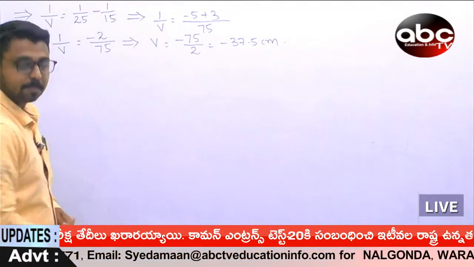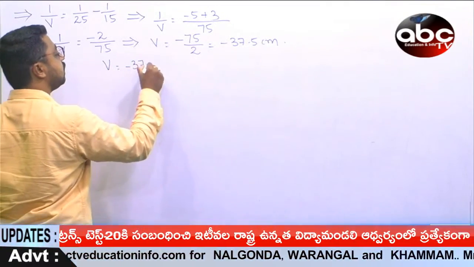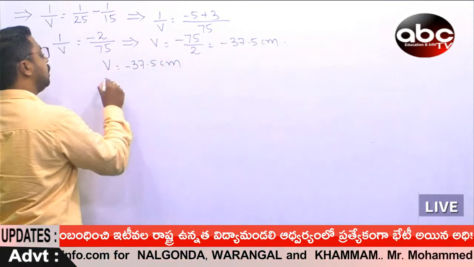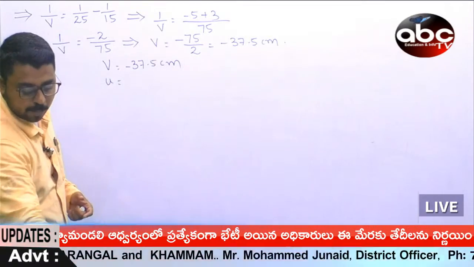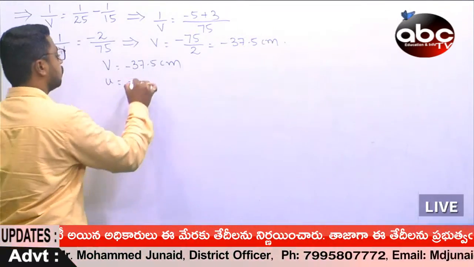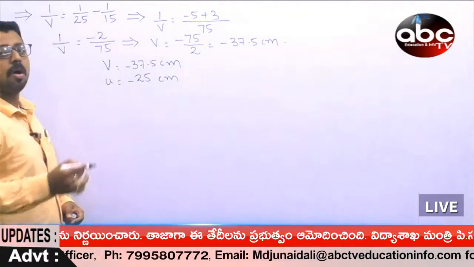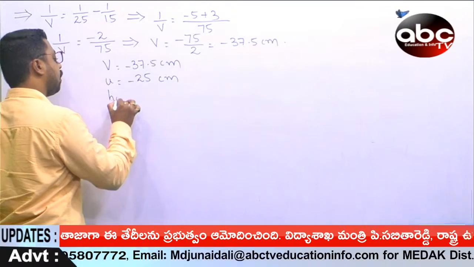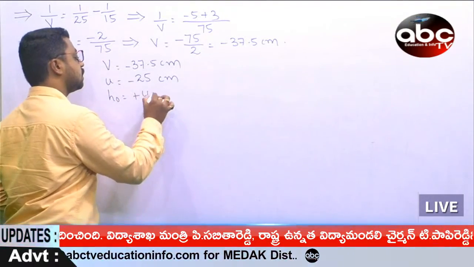We obtained here v is equal to minus 37.5 centimeter. u is already given from the start, that is minus 25 centimeters, and the height of object is given as plus 4 centimeters.